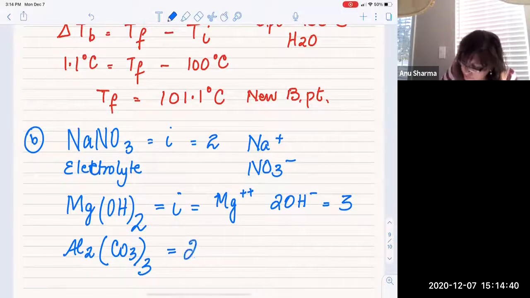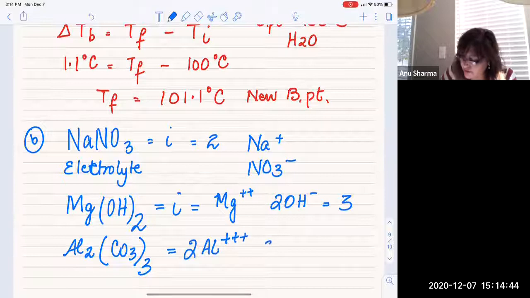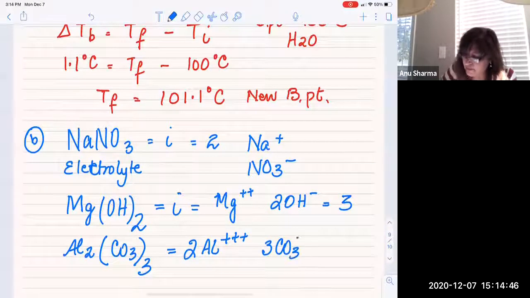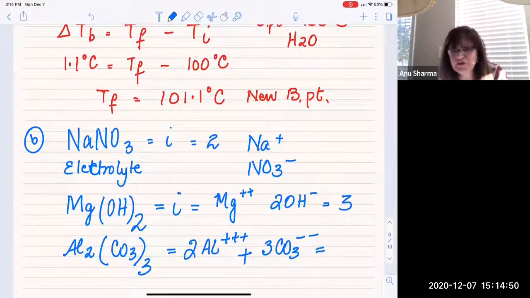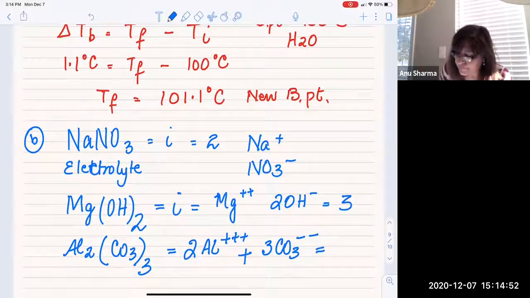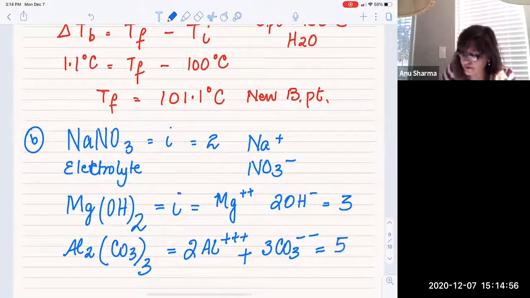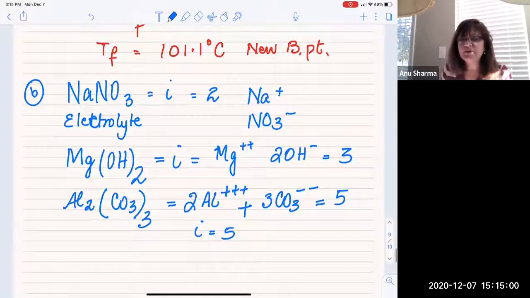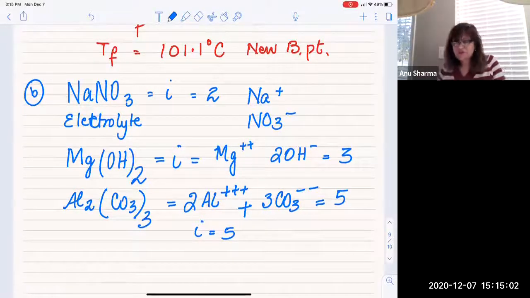There are 2 aluminum ions with plus 3 charge, and 3 carbonate ions with minus 2 charge. So what is the total? How many ions? 5, very good. So the value of i is equal to the total ions that are released. This is very important.